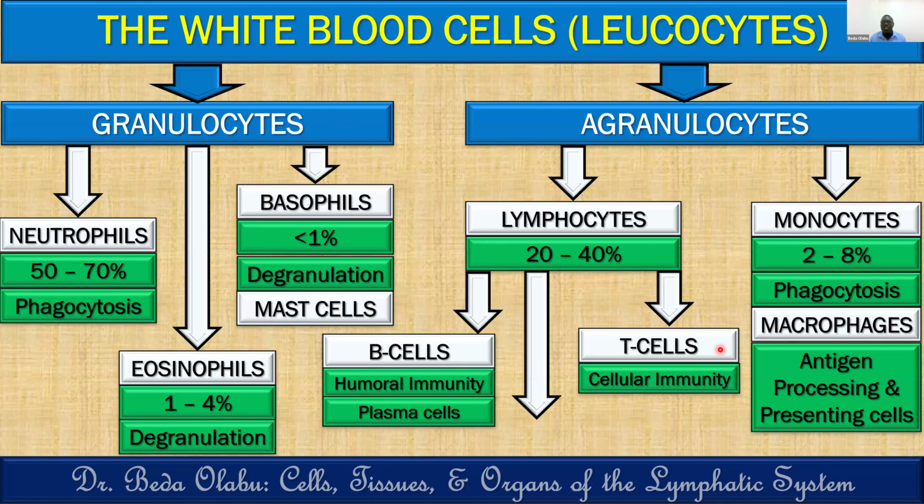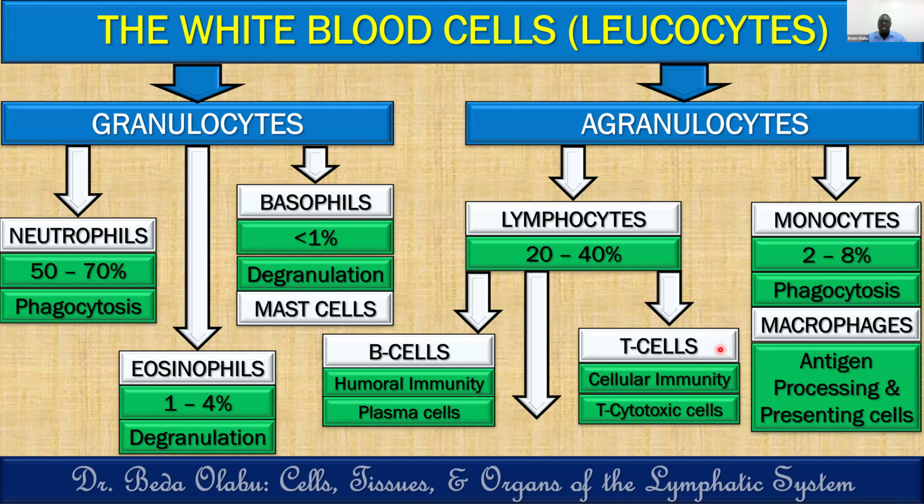So those are different subtypes of T cells according to their specific functions. In particular, the T cytotoxic cells are important because they offer immunity by killing other cells. And that's why we call them the T cytotoxic cells.